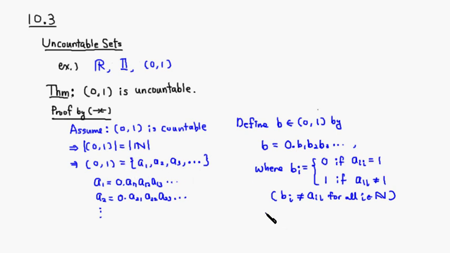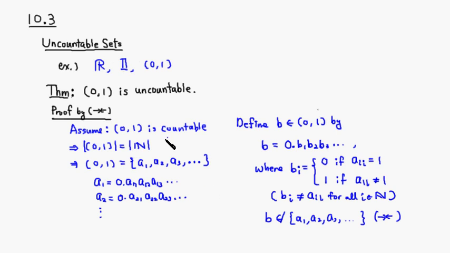So b is not included in this list a1, a2, a3, and so on, which is a contradiction because b is a real number between 0 and 1, and it's supposed to be covered if we assume that this set is denumerable.